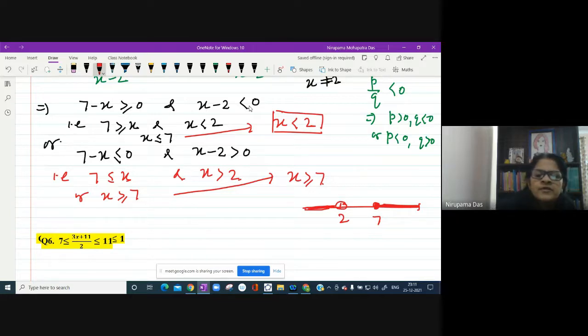So in interval form, you can write x belongs to (-∞, 2) open, union [7, ∞) closed.